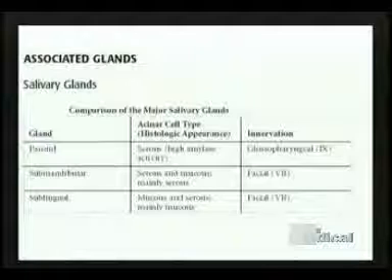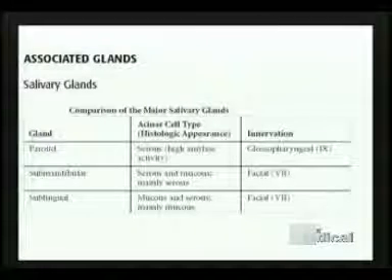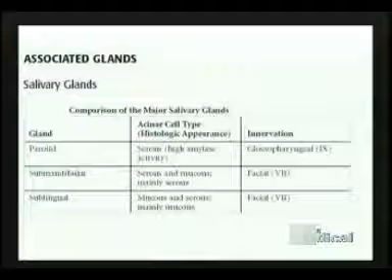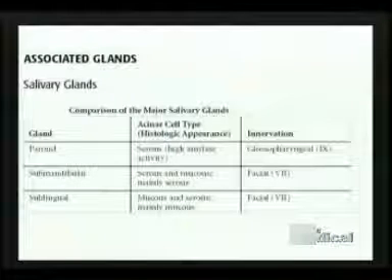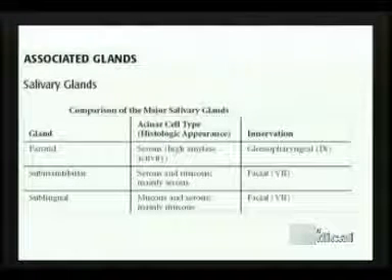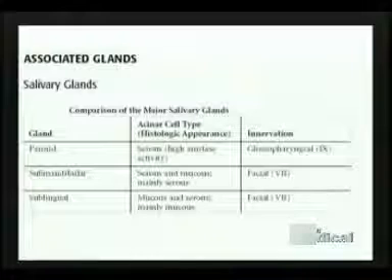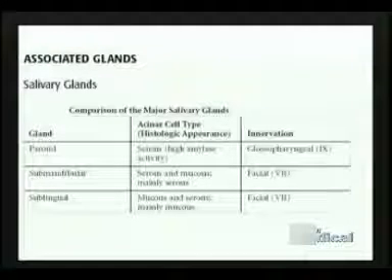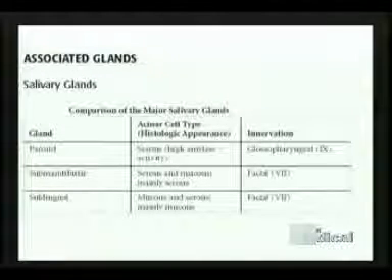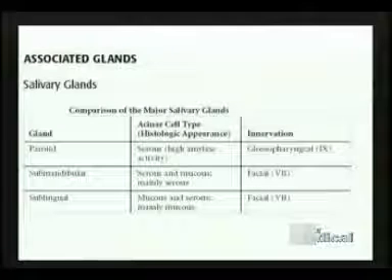And then finally, let's look briefly at the associated glands that are part of the gastrointestinal system. We know that there are 3 different kinds of salivary glands: parotid, submandibular, and sublingual, having different levels of serous versus mucus types of activity.